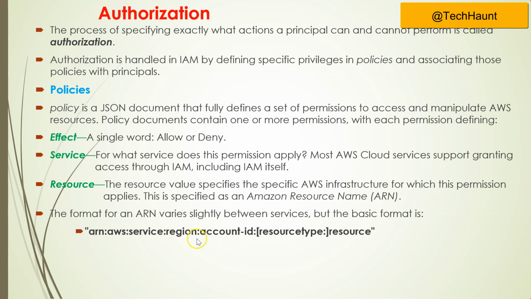If you are creating your IAM user, there is no region here, because the IAM user is a global user and you don't need to specify one. You won't get a region name in your IAM ARN; you will get a double colon instead of the region name. Then the account is the AWS account ID with no hyphens, something like 123456. And then the resource identifies the specific resource by its name. That's how it's designed.